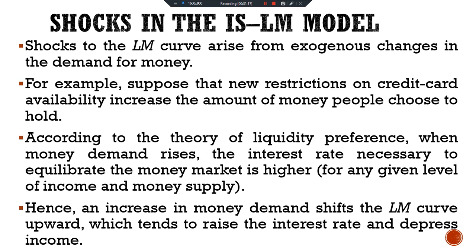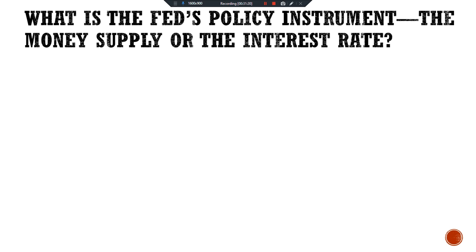So we have to discuss here what the central bank or Fed's policy instrument is, the money supply or the interest rate. Our analysis of monetary policy has been based on the assumption that the central bank or Fed influences the economy by controlling the money supply.